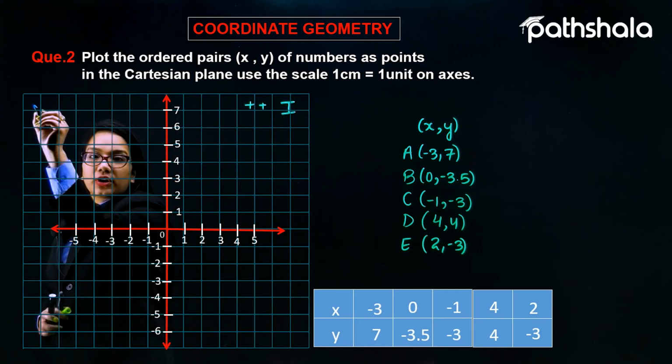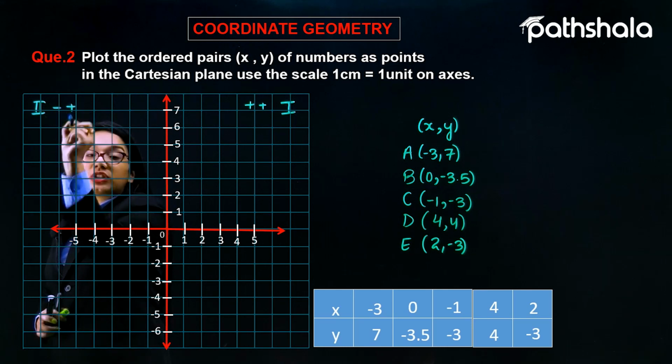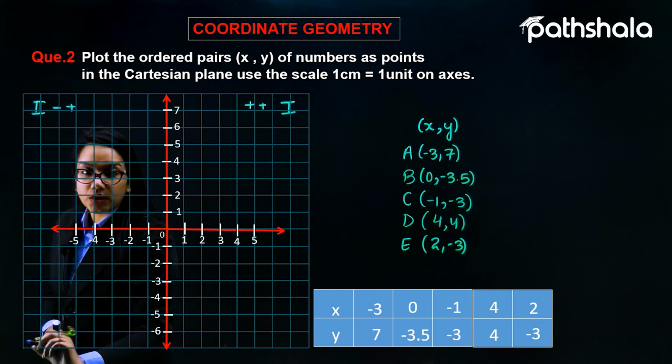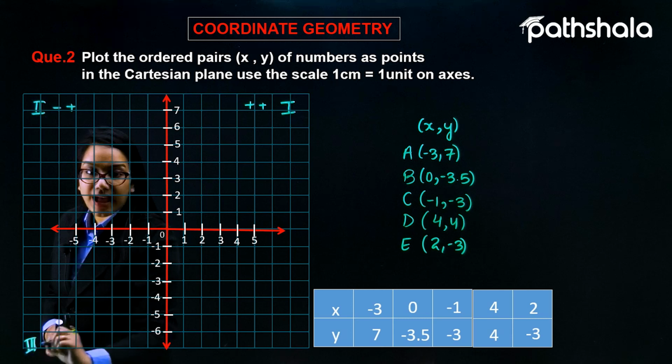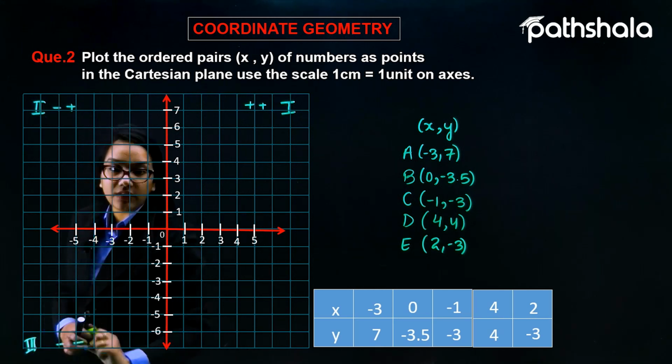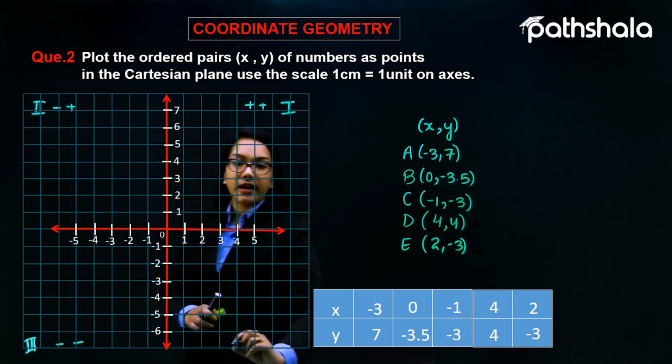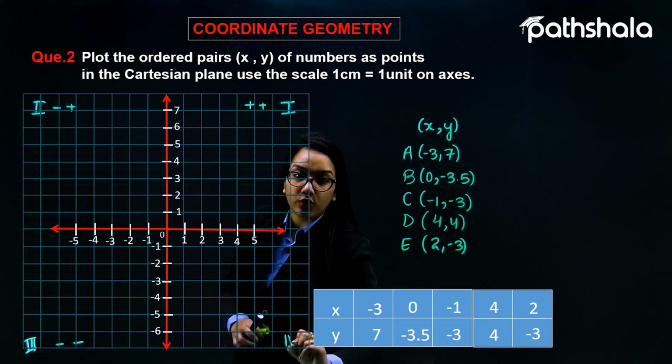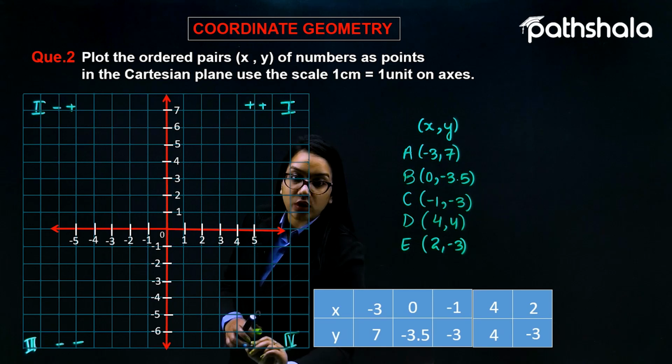In the second quadrant, the signs are negative, positive. In the third quadrant, both are negative and negative. And in the fourth quadrant, the signs are positive and negative.